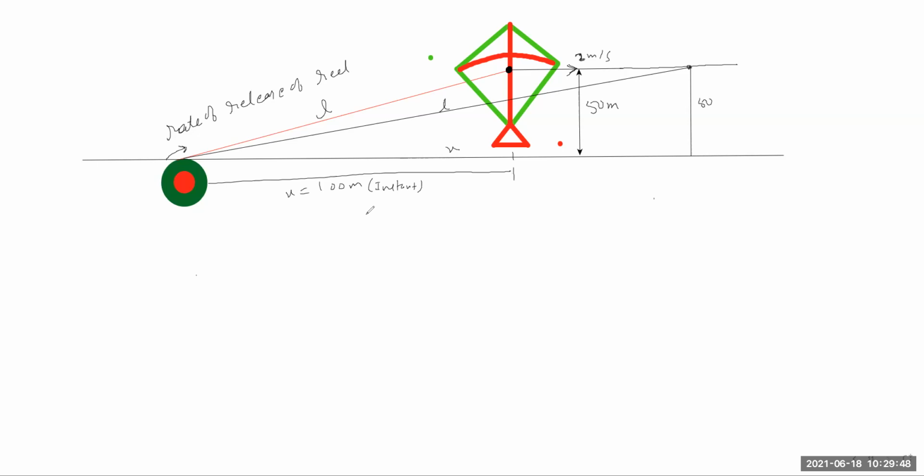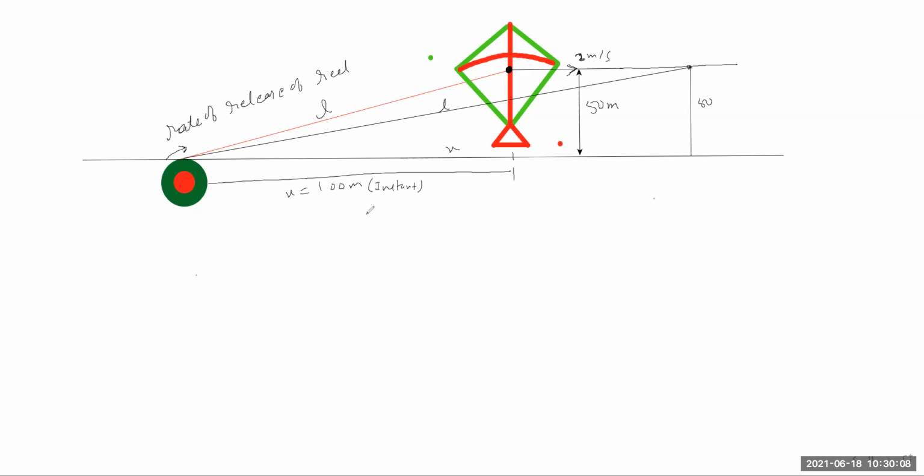So what is given here? Can you tell me what is given here without solving first? Which rate is given? Correct.